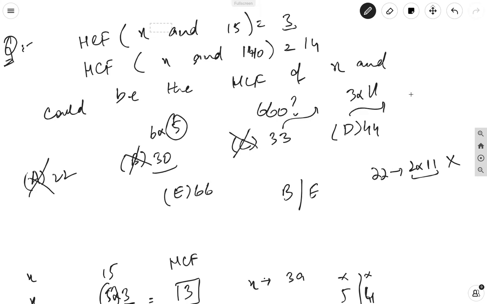In case of D, that is 2 square into 11, we saw that 4 cannot be included, so this is also not possible. And the last option is E, which is 6 into 11. So this is a multiple of 6, in which the multiple is 11, right?